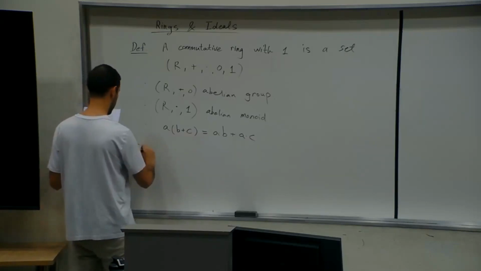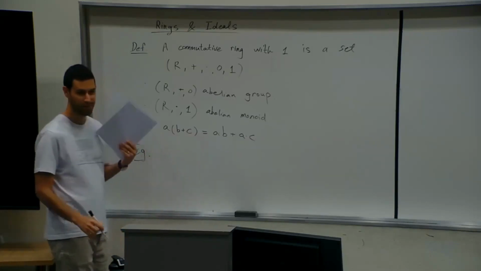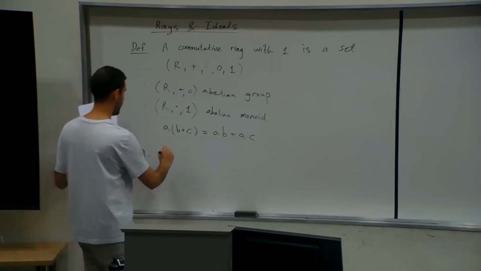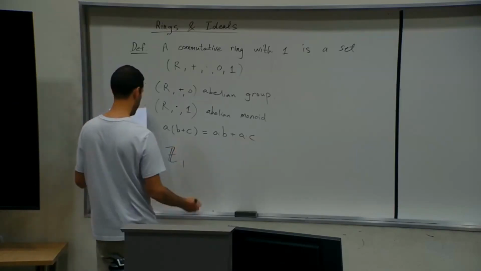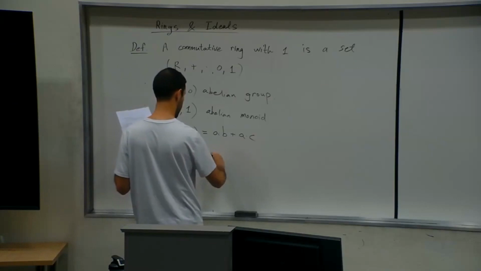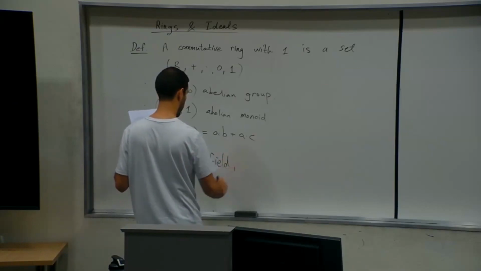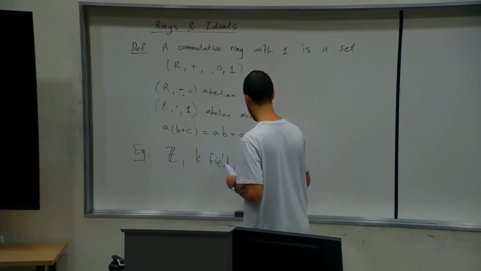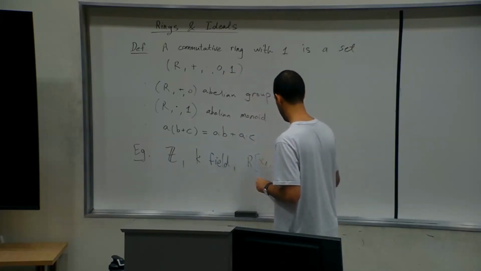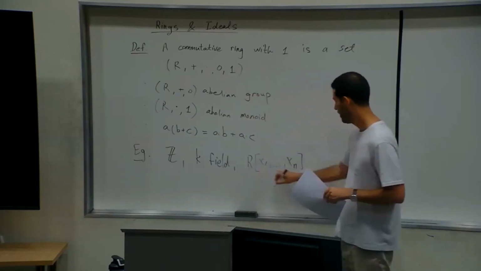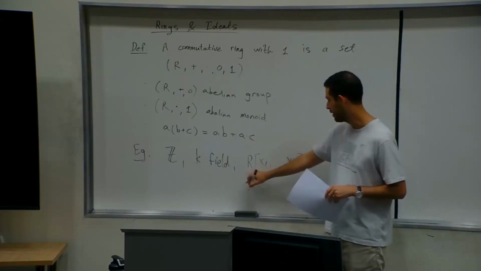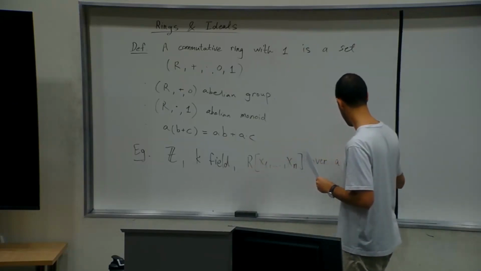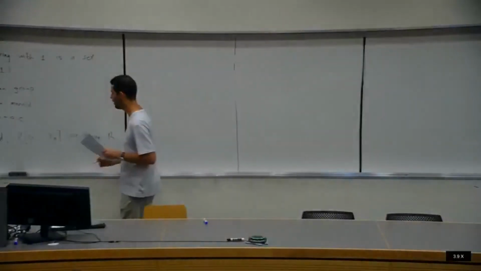So some examples of things that we like. Maybe you can suggest. Right, the integers, any field K, polynomials in variables x1 to xn over a ring R. And much more.